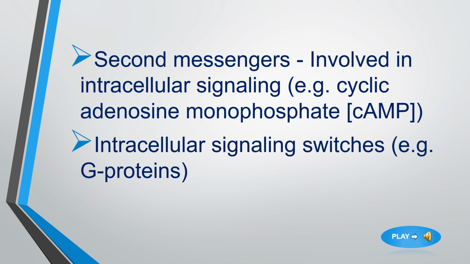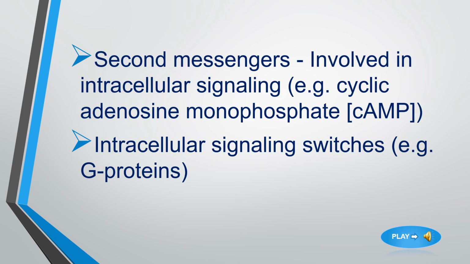The third function of nucleotides is to act as second messengers, for example, cyclic AMP, that is cyclic adenosine monophosphate.